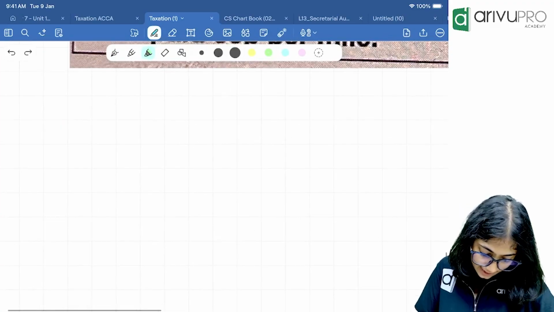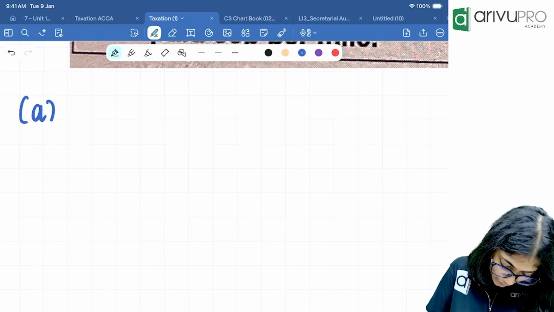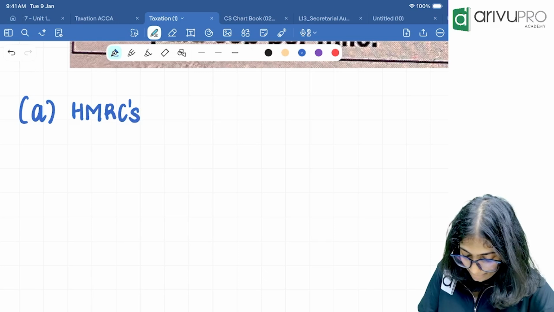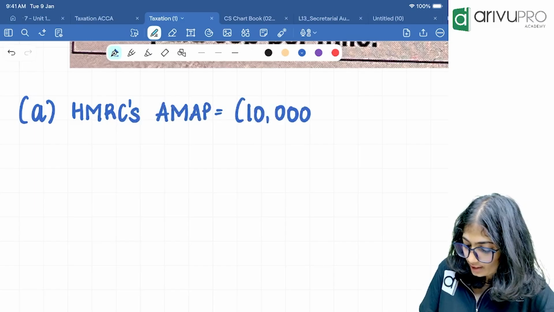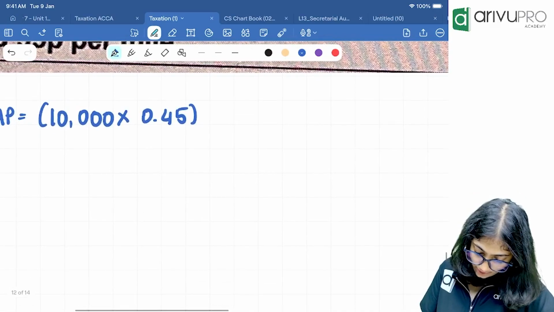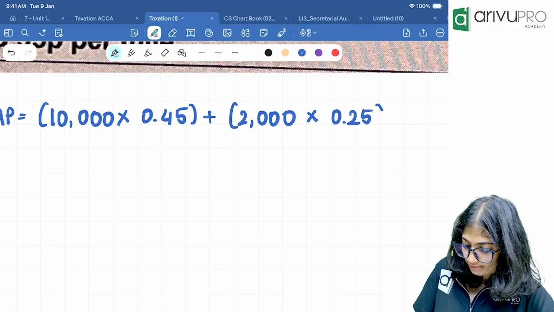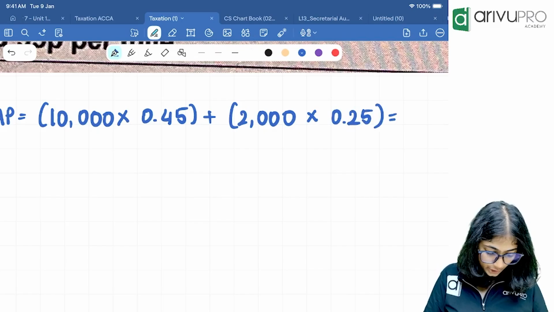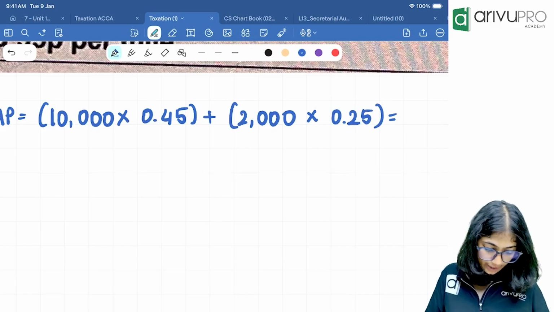Okay, so let's look at question A. According to HMRC's AMAP, the first 10,000 miles is multiplied by 0.45 and the rest, the 2,000 miles out of the total 12,000, is multiplied by 0.25. The amount will be given to you in the exam. So 10,000 into 0.45 is 4,500, and 2,000 into 0.25 is 500.